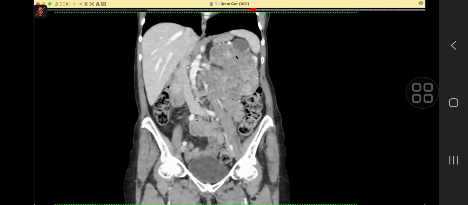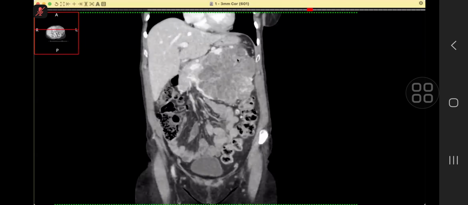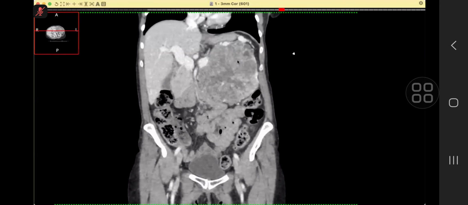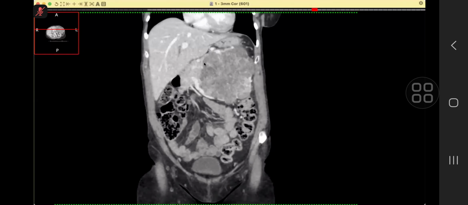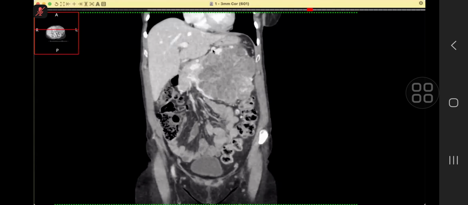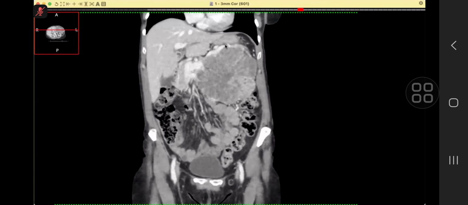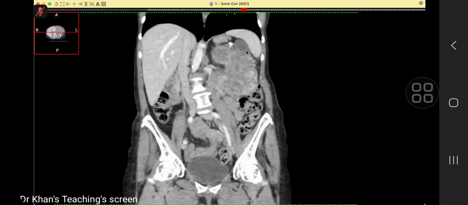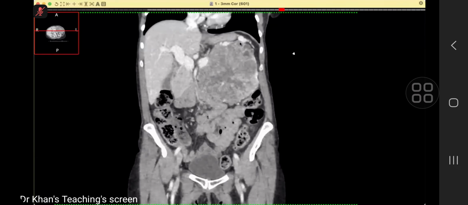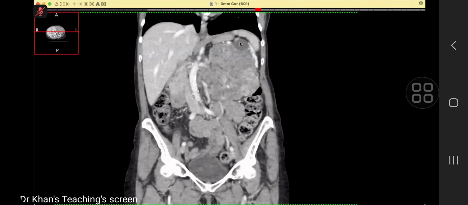So this one was a larger cyst. So this is a classical serous cystadenoma. Of course, I can ask you what it is doing to vessels, etc. It is displacing, this is the splenic vein. It is displacing, it is not causing thrombosis or anything.